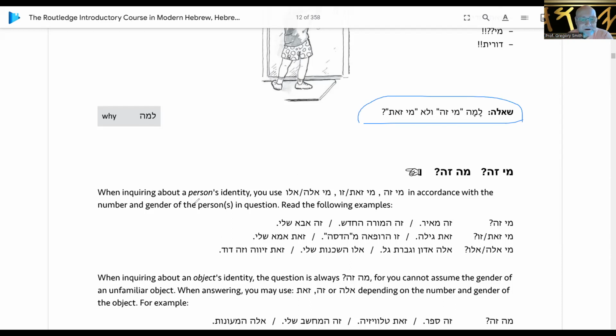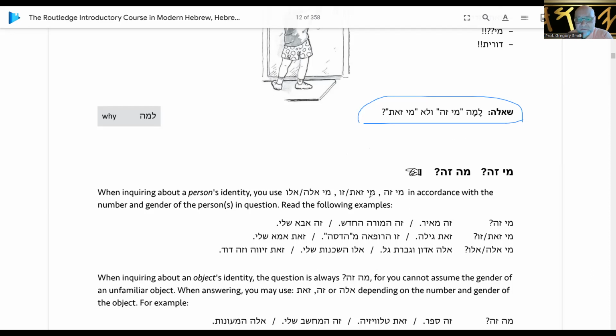It says here, when inquiring about a person's identity, you use mi, eleh or elu, mi zot or zeh, or mi zeh, in accordance with the number and gender of the persons in question. Read the following examples.